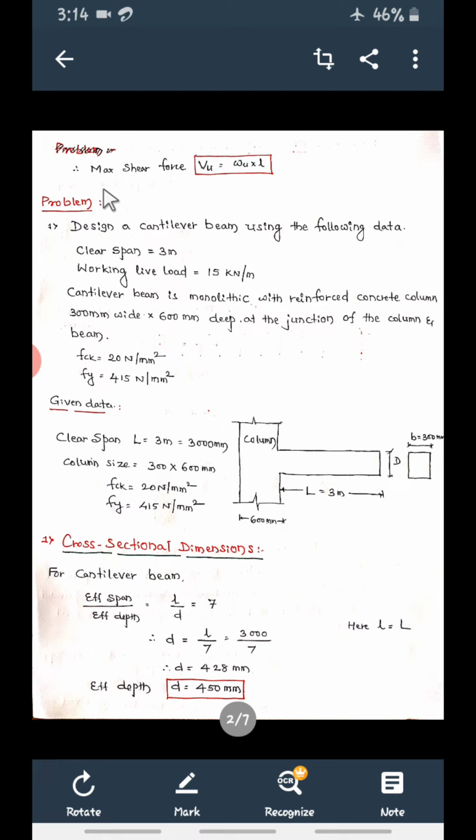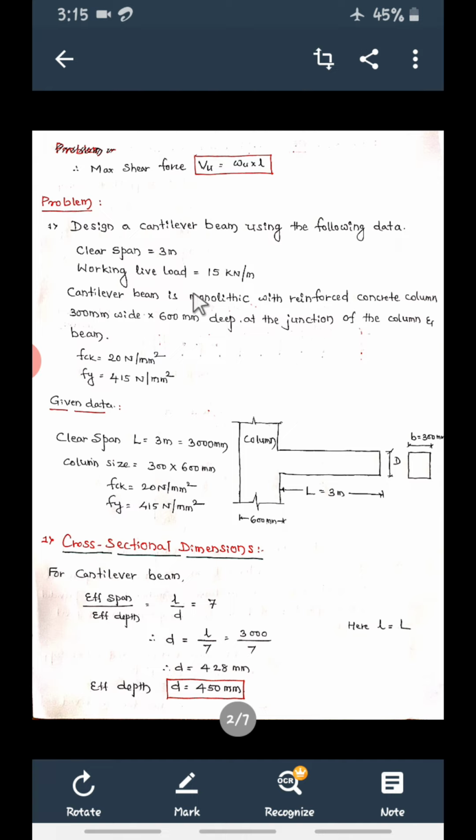Then let us start with one problem. We are going to design a cantilever beam using the following data. The given data are: clear span 3 meter, working live load 15 kilonewton per meter. The cantilever beam is monolithic with a reinforced concrete column 300 mm wide, 600 mm deep, at the junction of the column and beam.